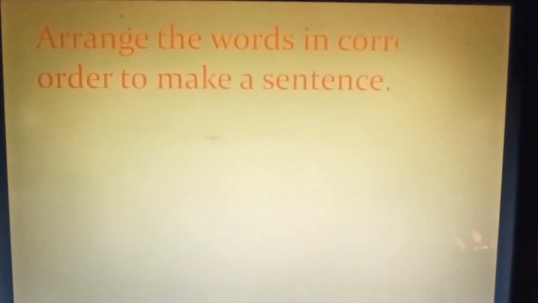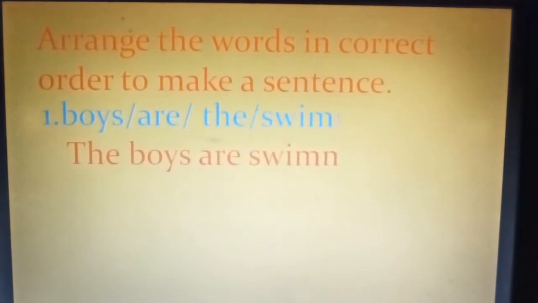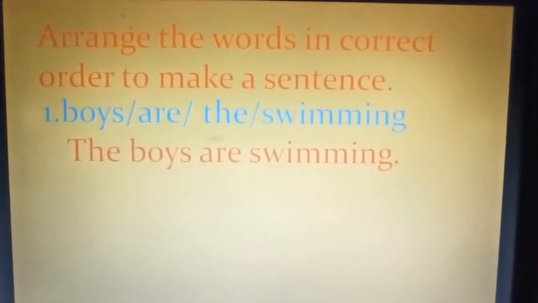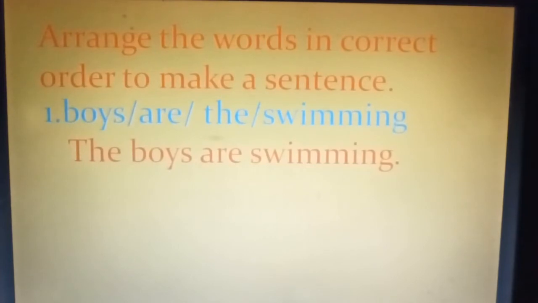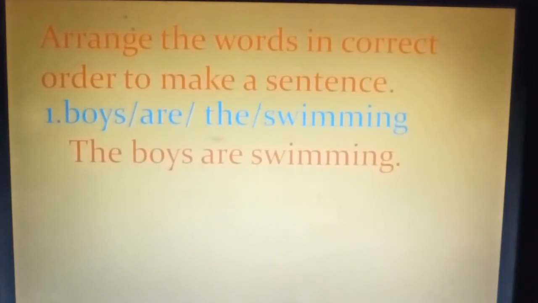Now arrange the words in correct order to make a sentence. First one, boys are the swimming. The boys are swimming. Over here, यहाँ आप देख सकते हैं कि पहला लेटर T कैपिटल है और सेंटेंस के अंत में फुल स्टॉप है, और इन वर्ड्स को मिलाने के बाद जब आपने एक सेंटेंस फॉर्म किया तो उसका अर्थ निकलता है.